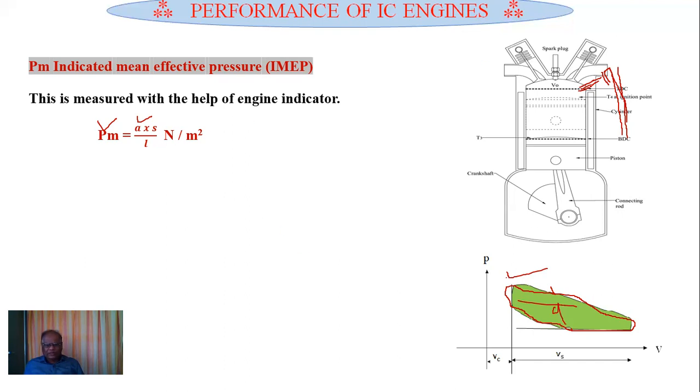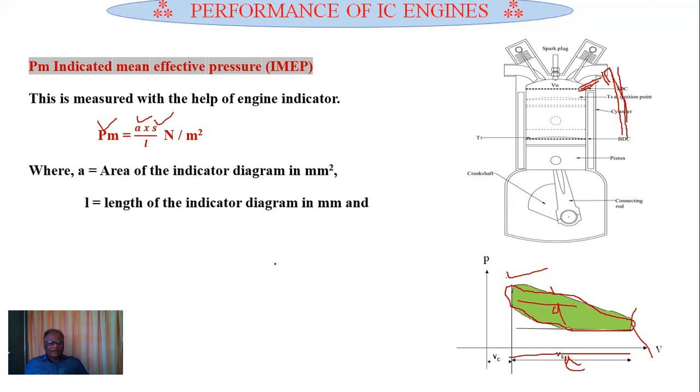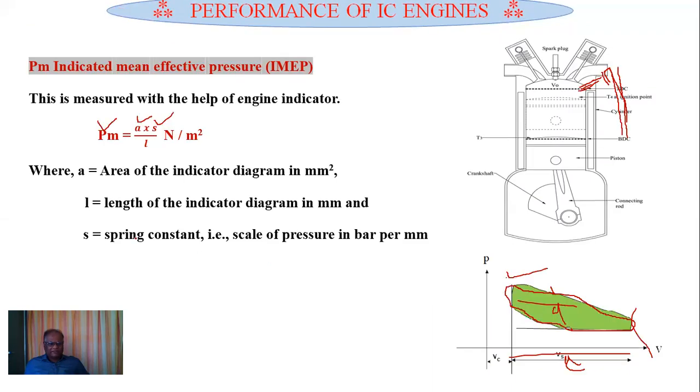As I told you, a spring will be loaded, and S is the stiffness of the spring. Then L is the length of the indicator diagram, from here to here. It is not shown here. This is the length of the indicator diagram. In this way, you can calculate the indicated mean effective pressure of the cylinder.